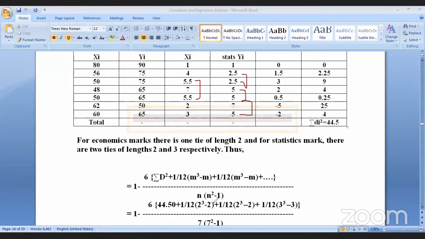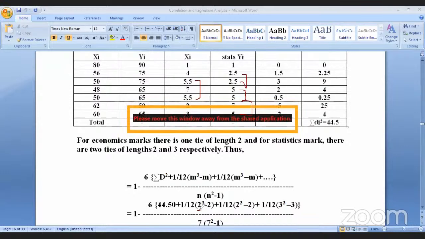That is the reason we have written 2 cube in the place of m. First 1 by 12 into m cube, in the place of m we have written 2, minus 2, plus 1 by 12. Again second, how many times are the ranks repeated? 2 times only, so here also we have written 2 cube minus 2.